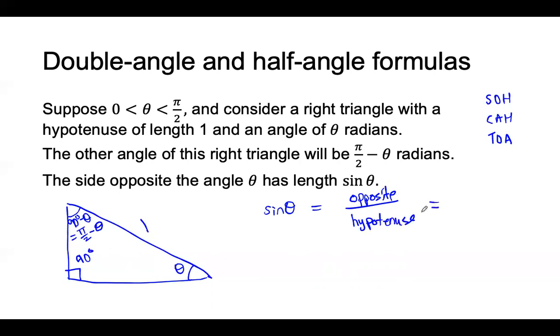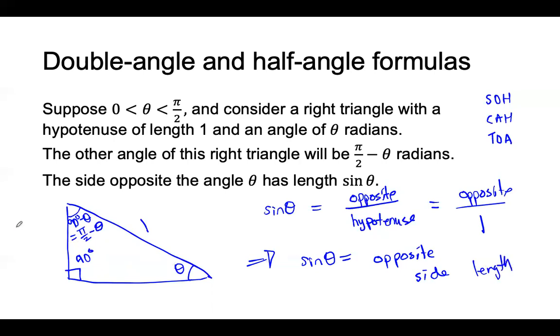So our opposite over here, whatever that is. And here we know this hypotenuse is 1. So if we rearrange this, we can solve for this opposite. Therefore sine of theta is equal to this opposite side, whatever length it is.